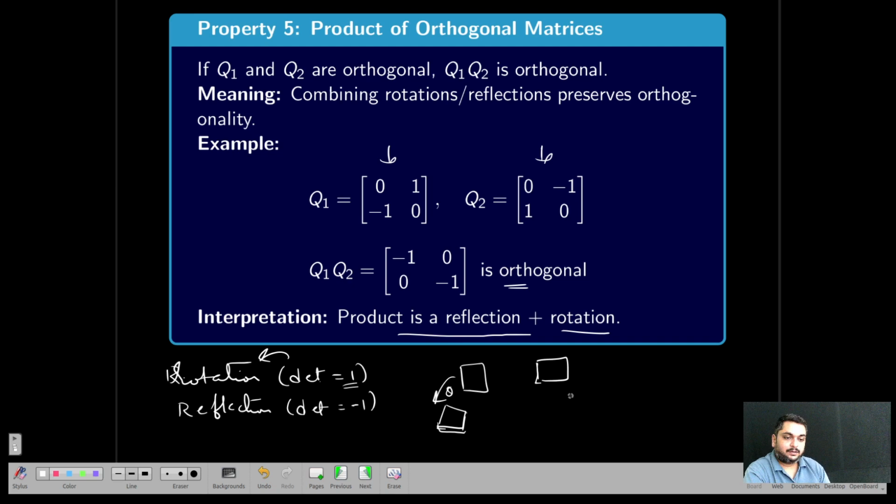If it was here, and I multiply this with this and I get a determinant of -1, then this is a reflection of it. There is no change in the volume. Okay, but only reflection. If you want both, you can say it as a mirror image. If I want both, then I have to multiply two orthogonal matrices to get both reflection and rotation.